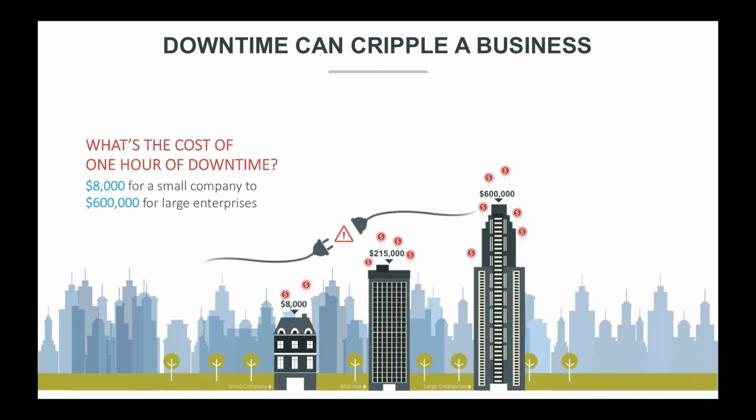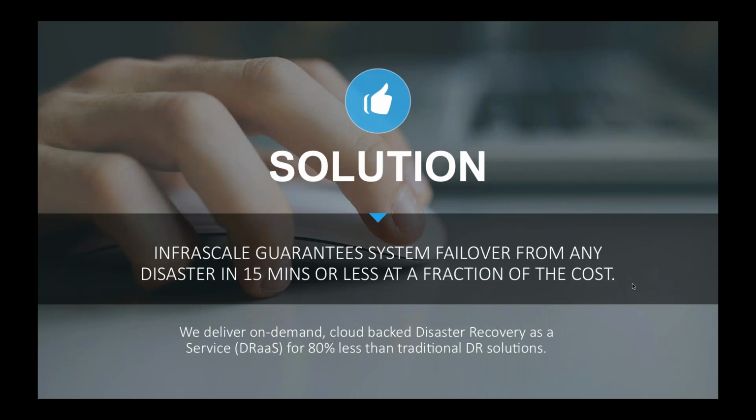So with all of this in mind, knowing what the threats are, knowing what it costs a business to be down, and knowing what ransomware can do with that network effect especially, let's turn now and start to focus on a solution. Infrascale guarantees system failover from any disaster in 15 minutes or less.